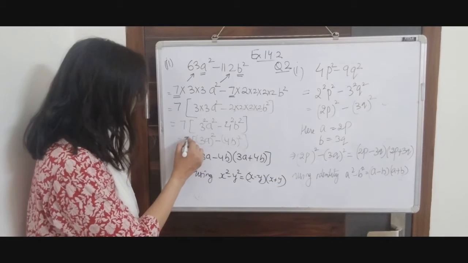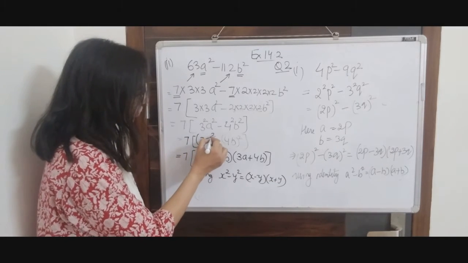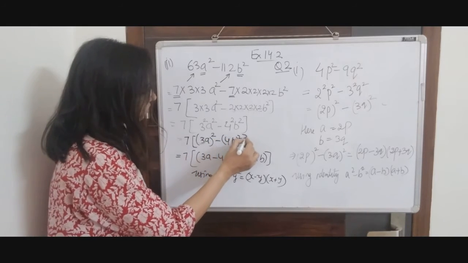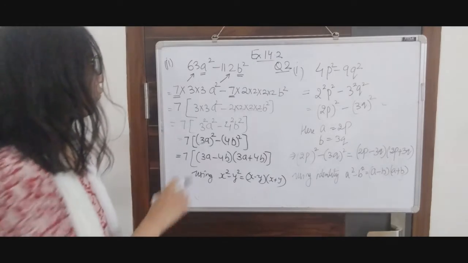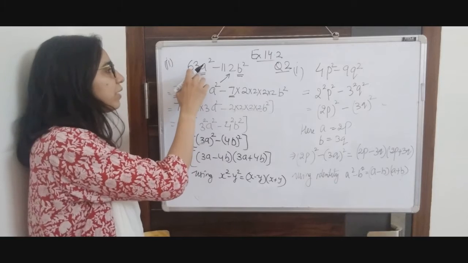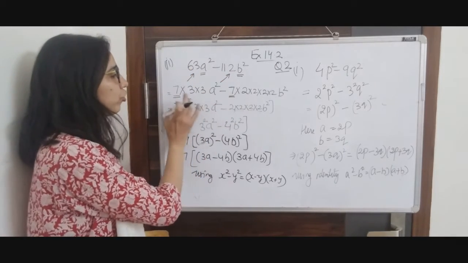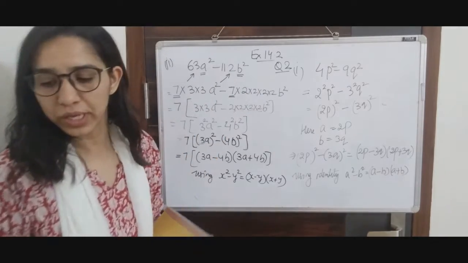This is 7 into ((3a) whole square minus (4b) whole square). Okay, so this is how we are going to do questions in which the coefficient is not a square number, we will prime factorize these numbers and we will find out which number should be removed so that the left out coefficients are square numbers.